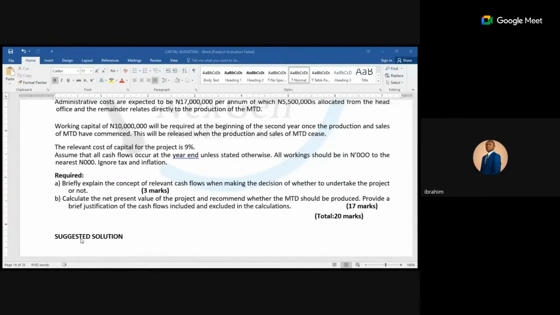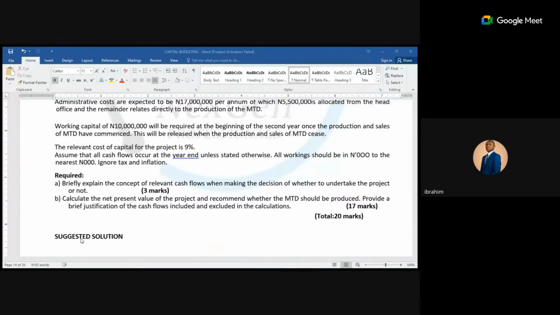Relevant cash flows are cash flows that are relevant for a particular project. Then you can mention opportunity cost. You can mention incremental fixed cost. You can mention variable costs. These are relevant costs or relevant cash flows that arise on a project. So that's what they say you should do. Do you understand, sir? Yes. Thank you.